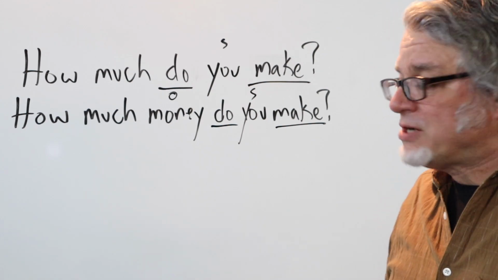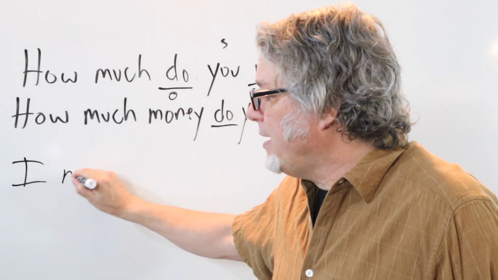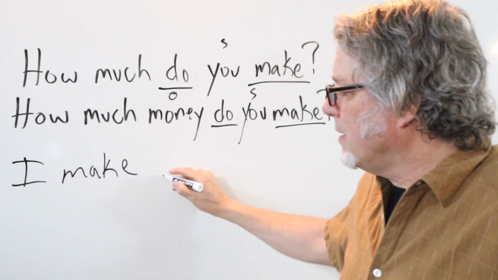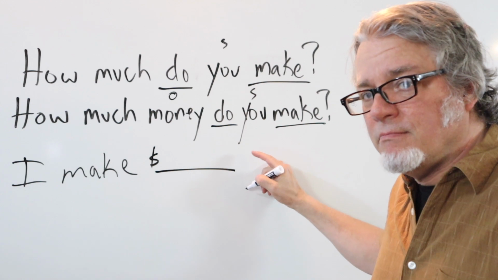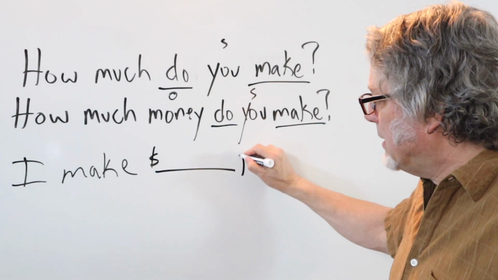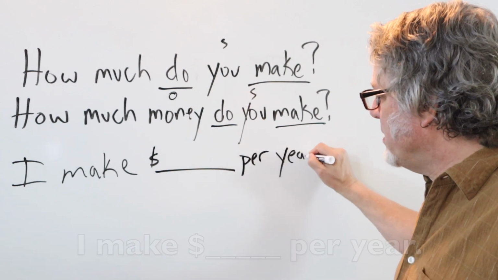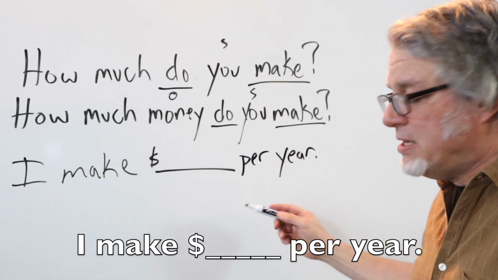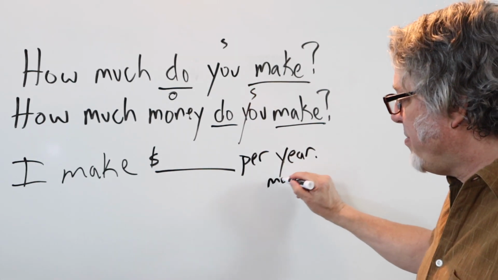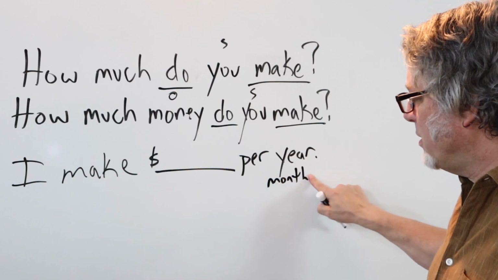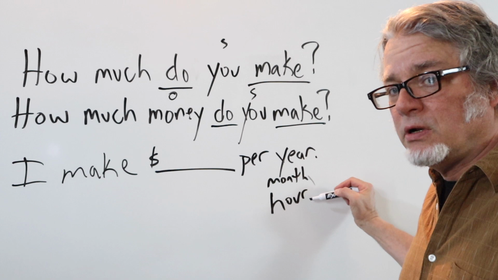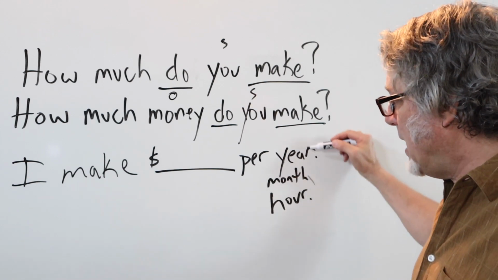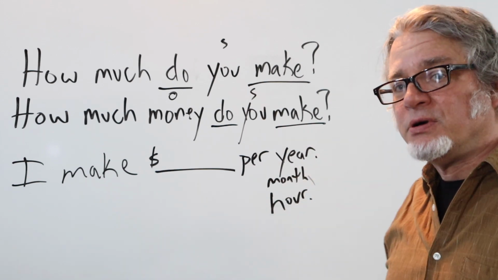When answering the question, I make, and then here's the dollar amount, and then many people will say per year, but this could be per month, or it could be per hour. Usually you'll hear someone say how much they make per year.